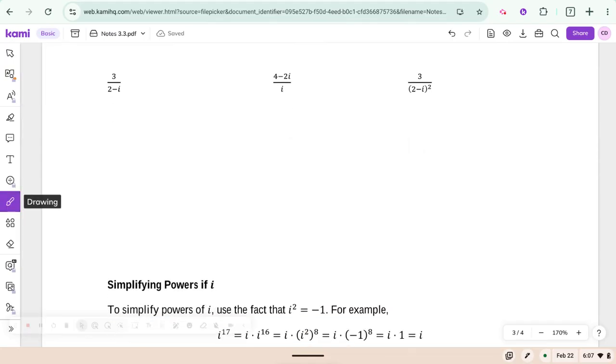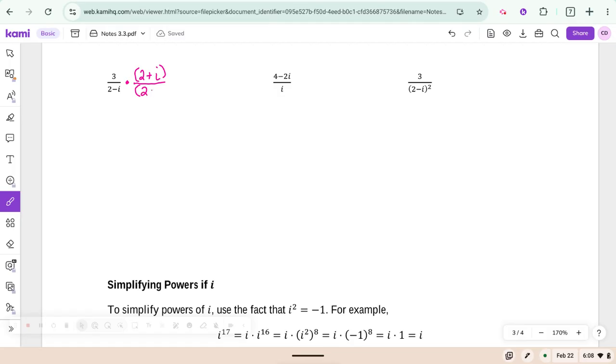So I have 3 divided by 2 minus i. My denominator is a complex number, 2 minus i. So what I'm going to do is multiply numerator and denominator by the complex conjugate of 2 minus i, which is 2 plus i.